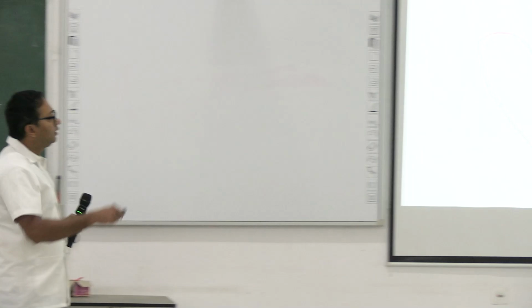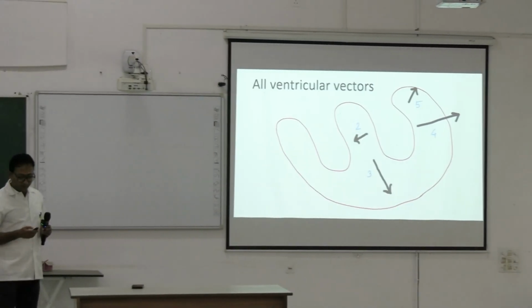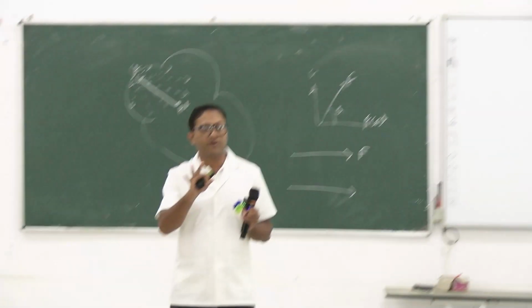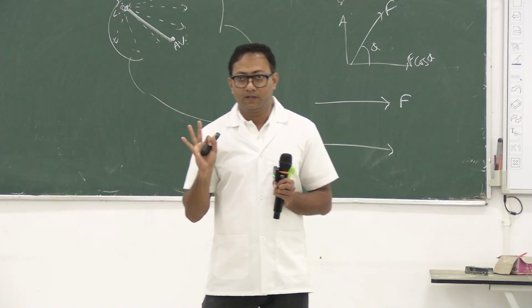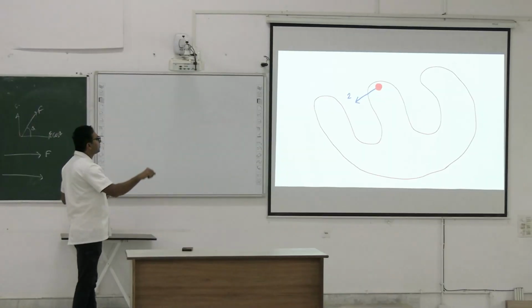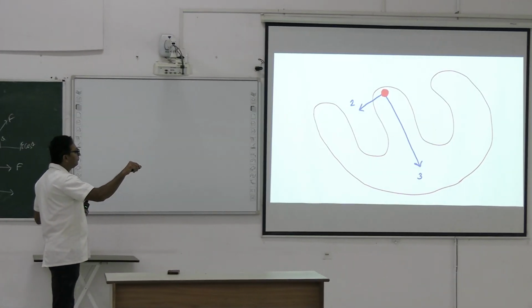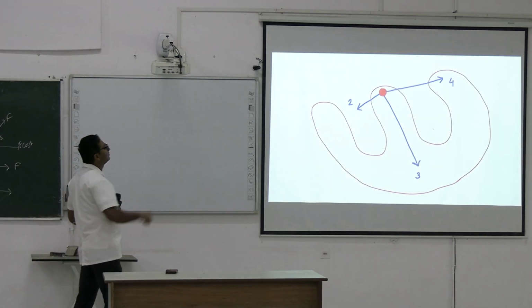So now I will start all these vectors from a single point, the center point of the heart, which is located at the upper part of the interventricular septum. And that point is this. This is the center part. So vector 2, vector 3, vector 4 and vector 5.